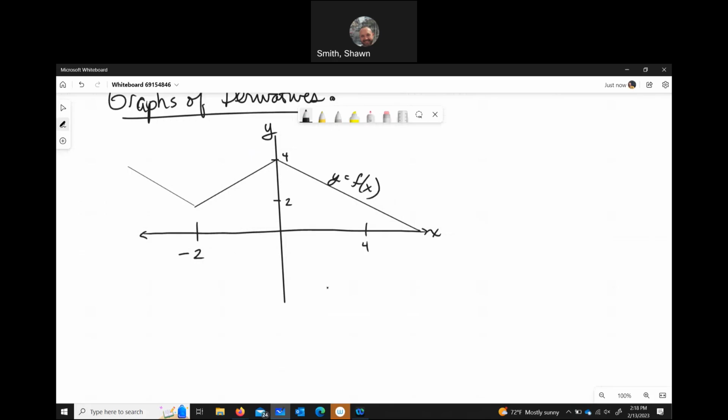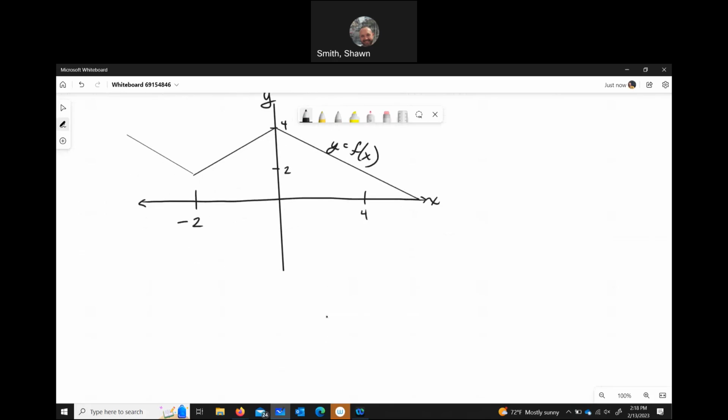I say from here, draw the graph of its derivative. You will draw pretty much directly underneath it, with the same scaling on your x and y axis that you see.